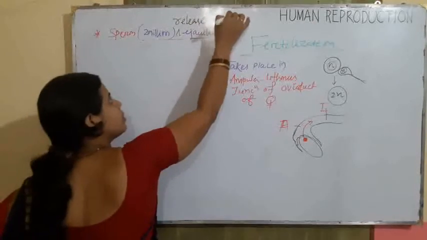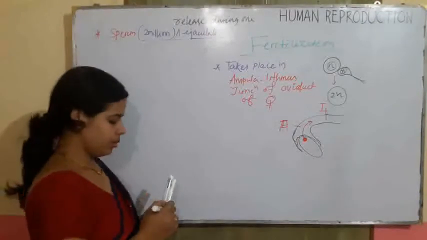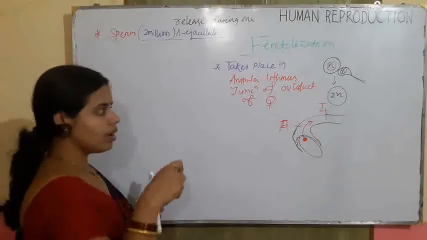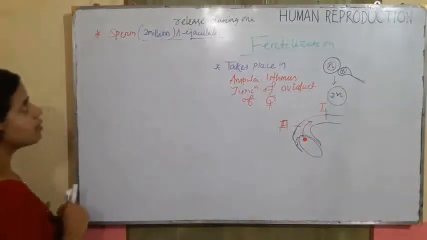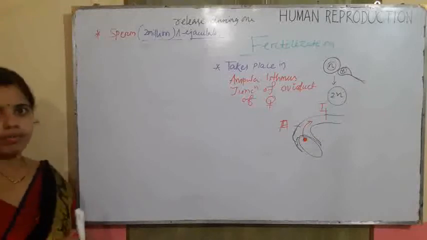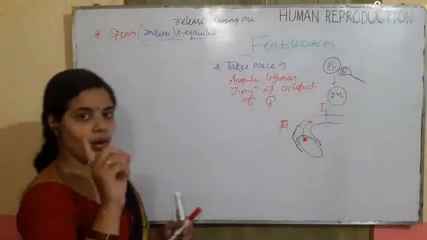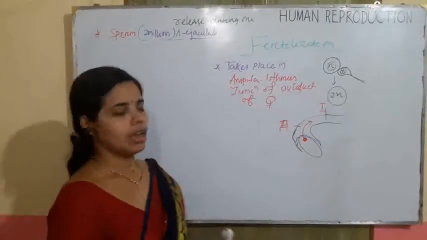They all have to travel through the vaginal tract, but not all will fertilize. Only one sperm has to fertilize the ovum.